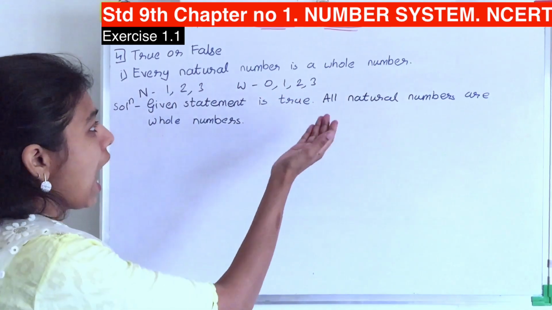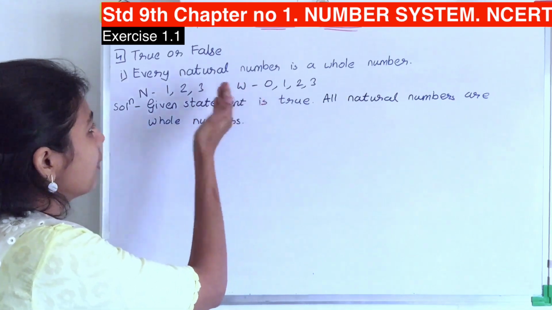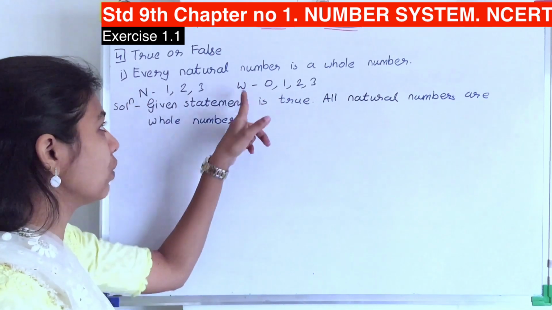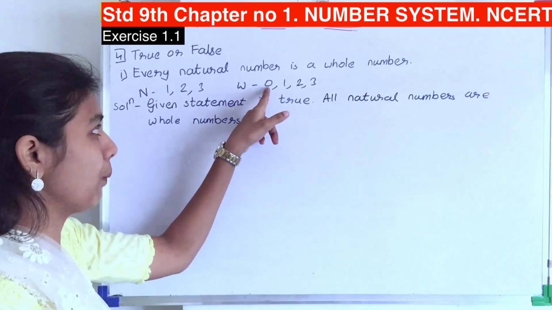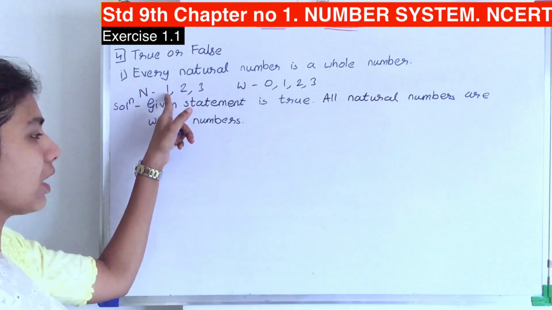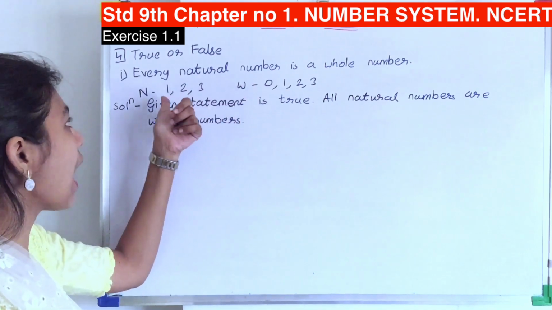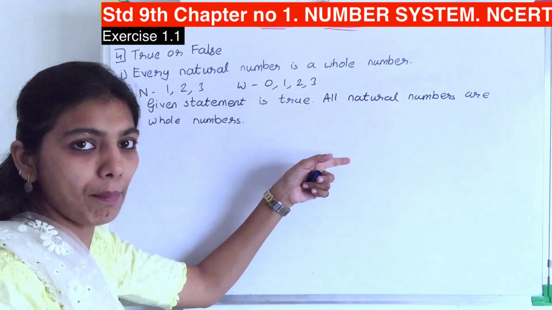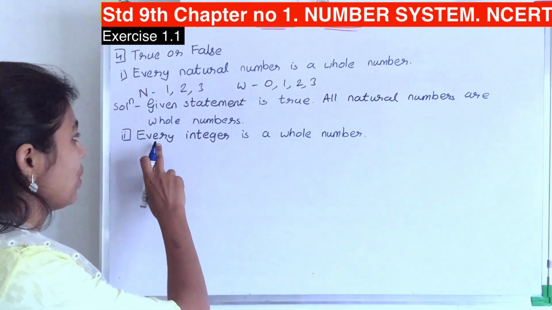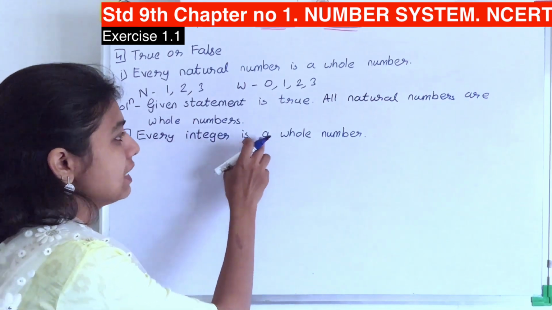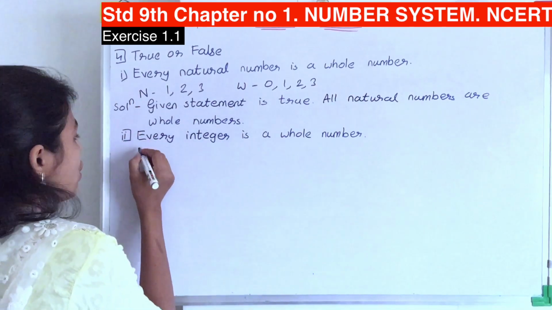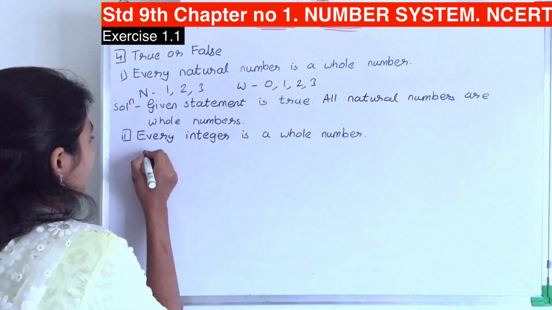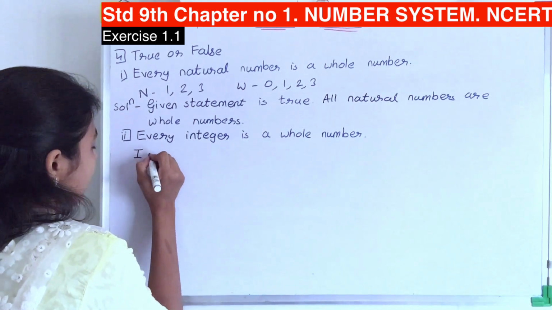But if the question is asked like all whole numbers are natural numbers, no, because in whole numbers it starts with 0. Is 0 present in natural numbers? No. So whole numbers can't be natural numbers, but natural numbers can be whole numbers. Now the second question they have given you: every integer is a whole number. First of all, I'll write the numbers in the integers.